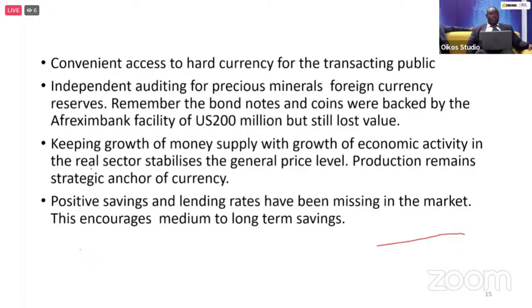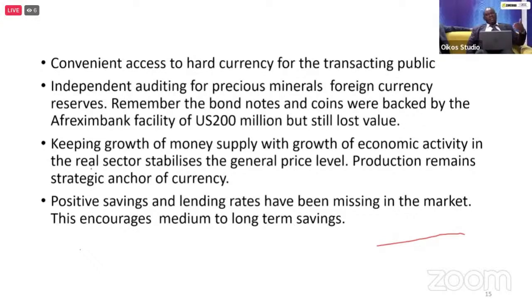Because I don't want to assume that this new currency is not a fiat currency. Yes, it's backed by the precious metals, but still it's a fiat currency in the sense that it's a currency that can operate as long as production exists.